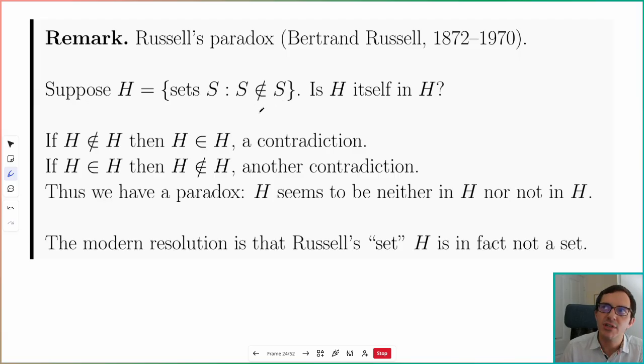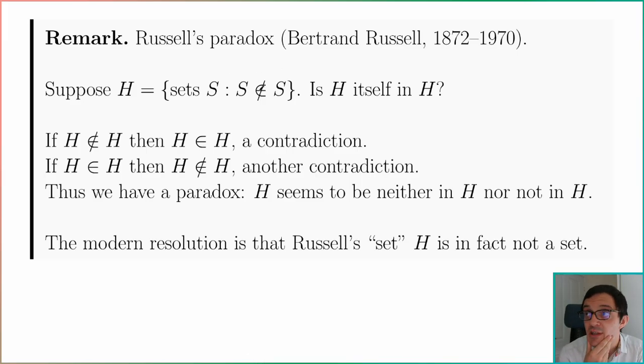If you like, the paradox comes from the idea that this has to define a set, being in the form of curly braces with a colon in the middle and some property over here. And the modern resolution is that that's too much, that you can't just take any property you like on any objects and get a set.